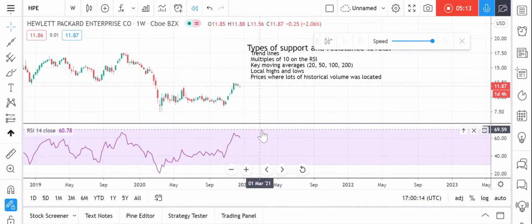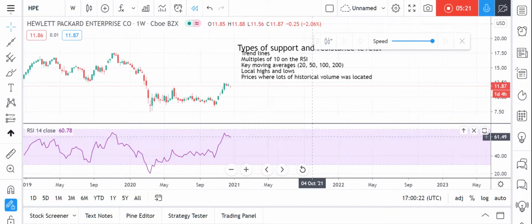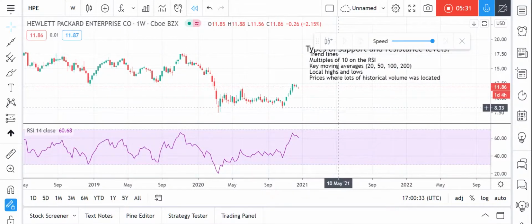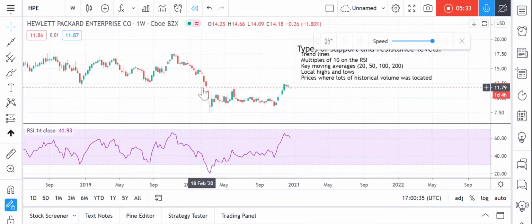The most important levels are 30 and 70. That's why this range is highlighted. But other key levels include 60, 50, 40, 20, and 80.